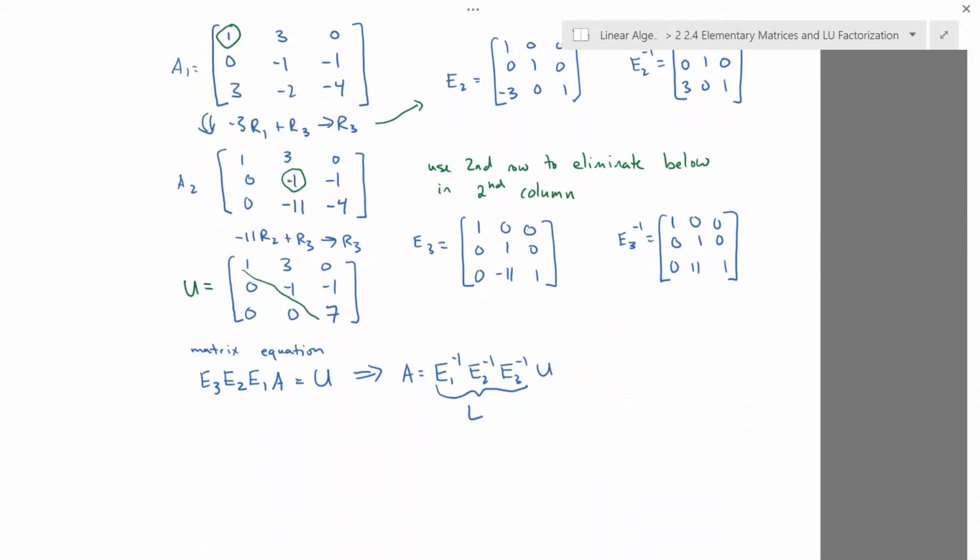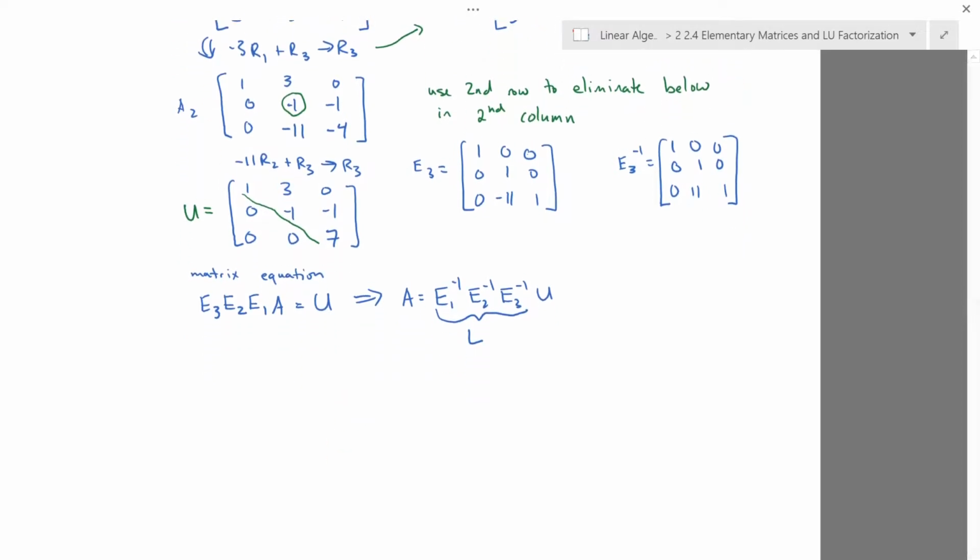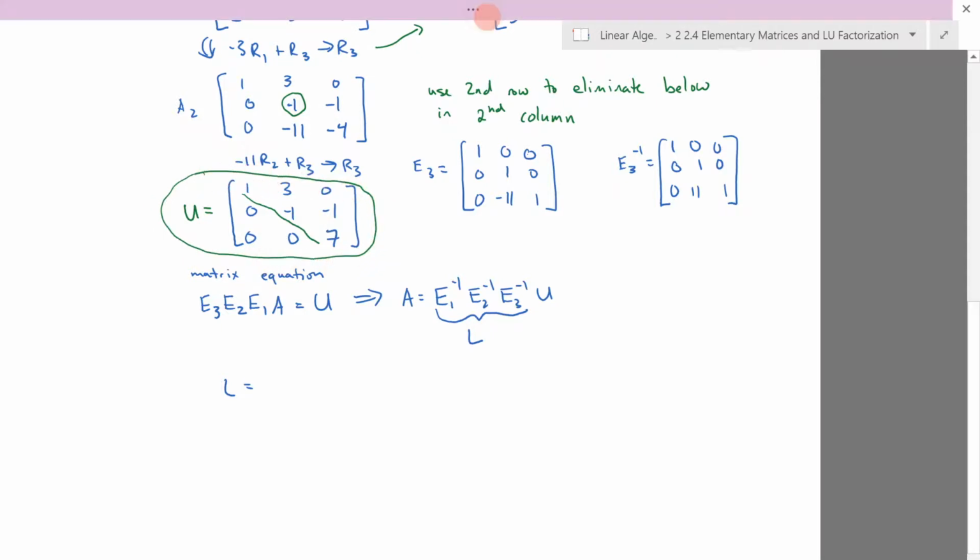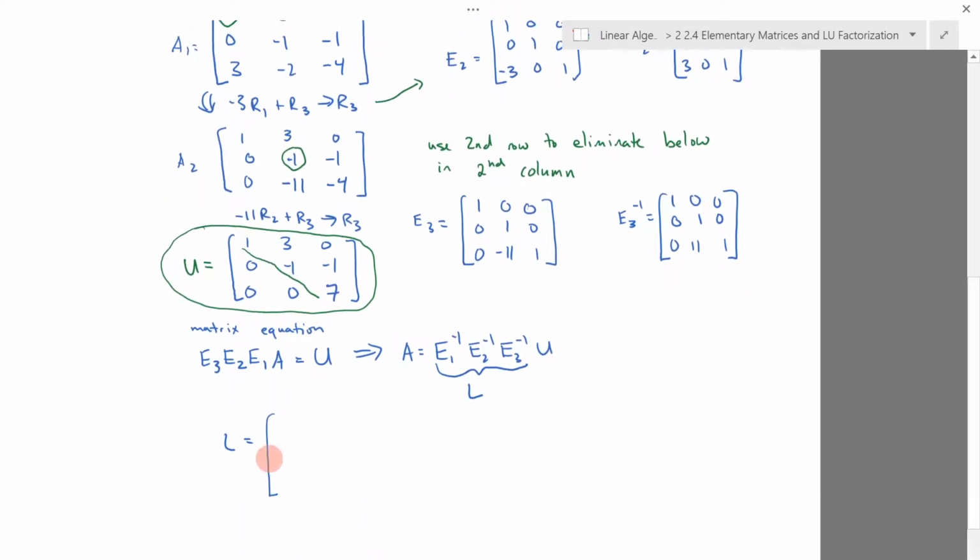So if I multiply them together, I get my L, right? So let's calculate that. So L is equal to, right? So again, I already have my matrix U. This is U. L I can obtain by multiplying these three inverse matrices together, right? So E1 inverse first, then E2 inverse, then E3 inverse.